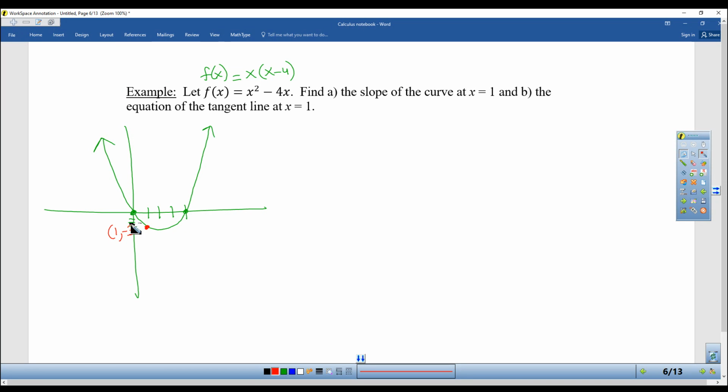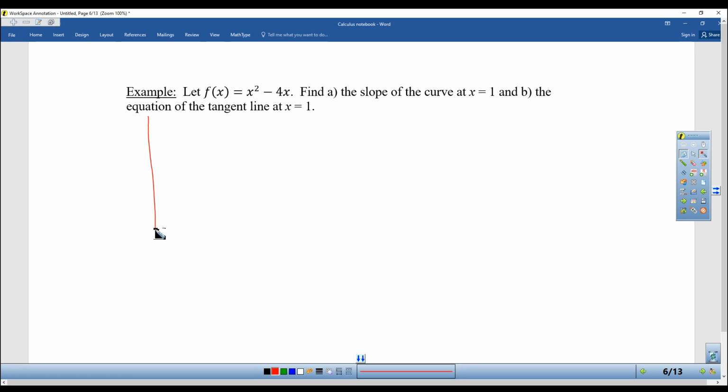No, it's not a good graph, but it'll give you a sense of it. If you are trying to get it to be perfect, then you could always find that point first, and then it would be very easy to make a much better graph. So it crosses at 0, 4, 1, 3. It looks something like this. So it's steeper than what we said, which could be important if you were trying to check your tangent line.